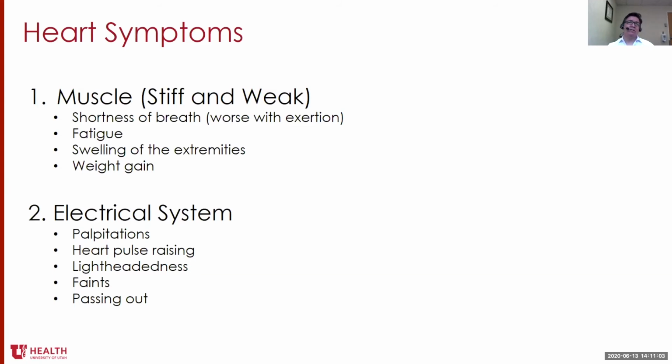This fatigue is out of proportion to other patients with heart failure, because the mechanism of fatigue in amyloidosis is multifactorial. It's the problems with the muscle, but also when patients with amyloidosis try to walk, their heart pulse doesn't go as fast as it's supposed to go.